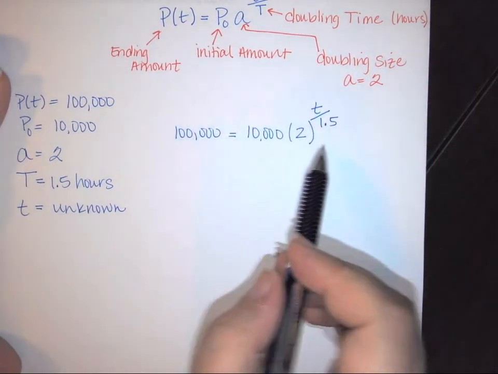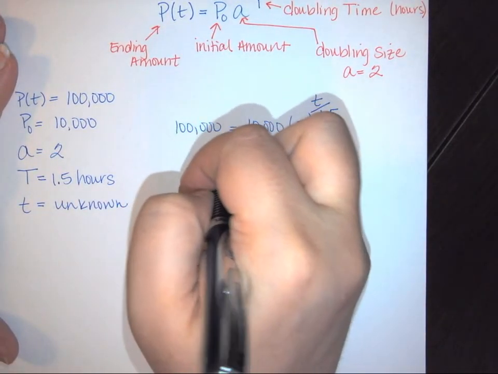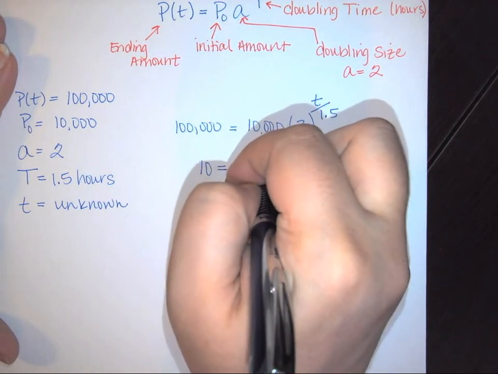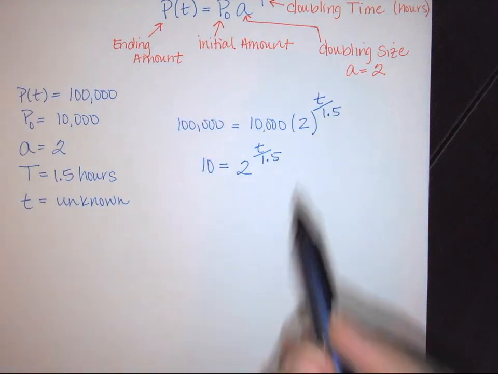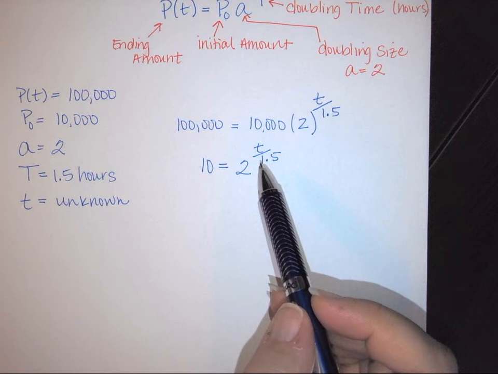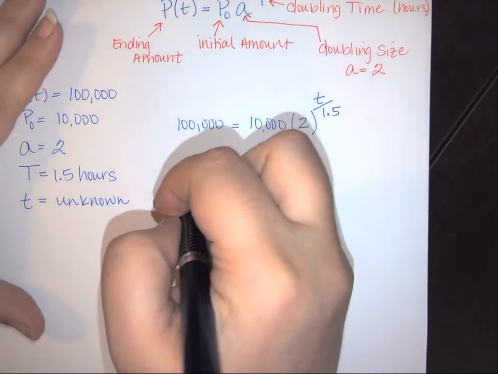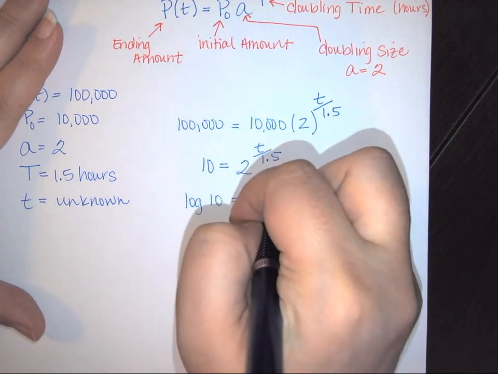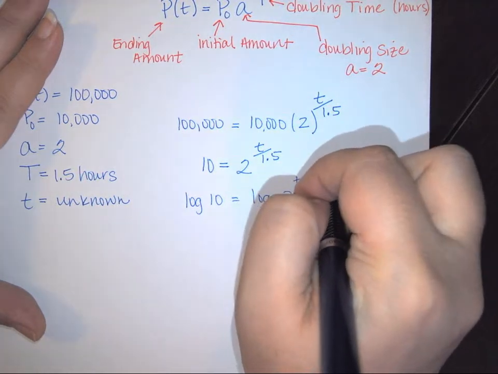First things first, divide both sides by that 10,000 to reduce my numbers. So we have that 10 is equal to 2 to the t over 1.5. In order to pull my exponent out, I have to be able to pull on my log power rule. So I have to take the log of both sides. So this becomes the log of 10 is equal to the log of 2 to the t over 1.5.